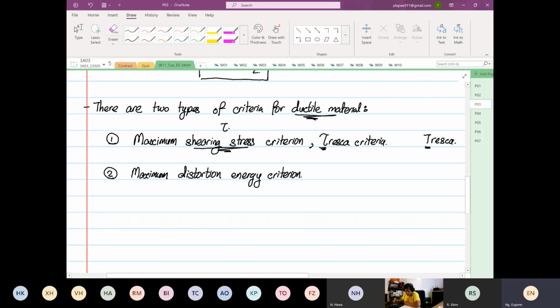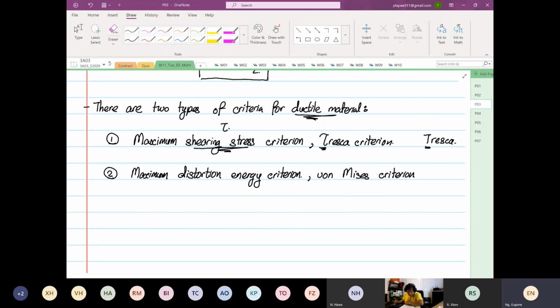And this is based on what is, I mean, not based, but this is what we call Vomices. Some of you want to pronounce it Vomices, go ahead. I'm not bothered. Okay, criteria. Okay. So these two are commonly used. So maximum shearing stress, and you have maximum distortion energy.